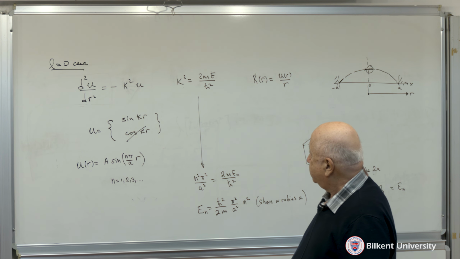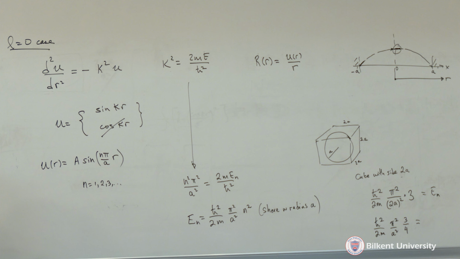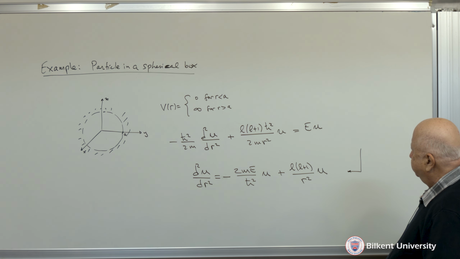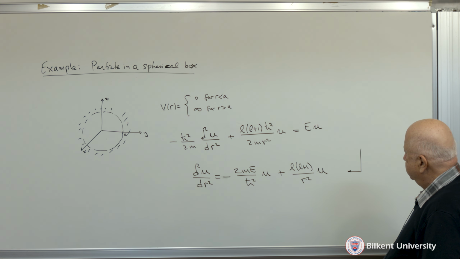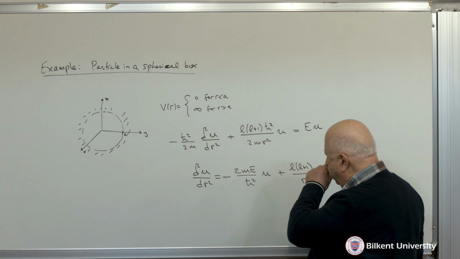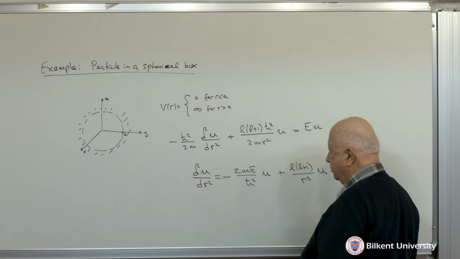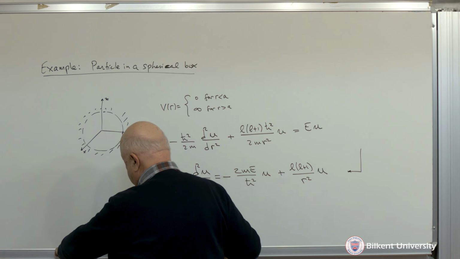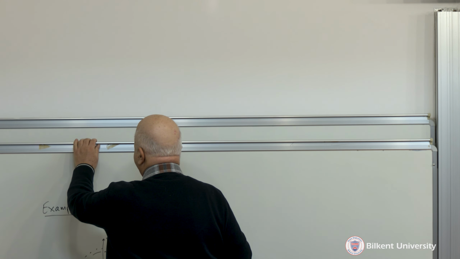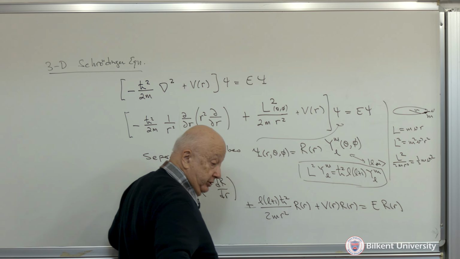All right. So let's now go back to our equation and let's see what happens. All right, so this thing I called k squared, so let me just put it over here.